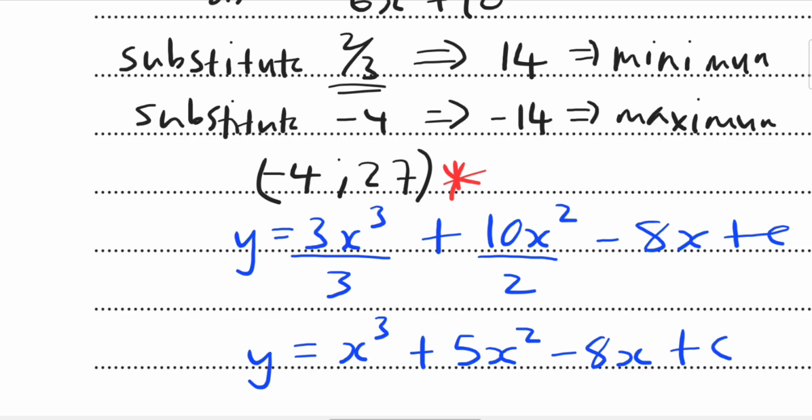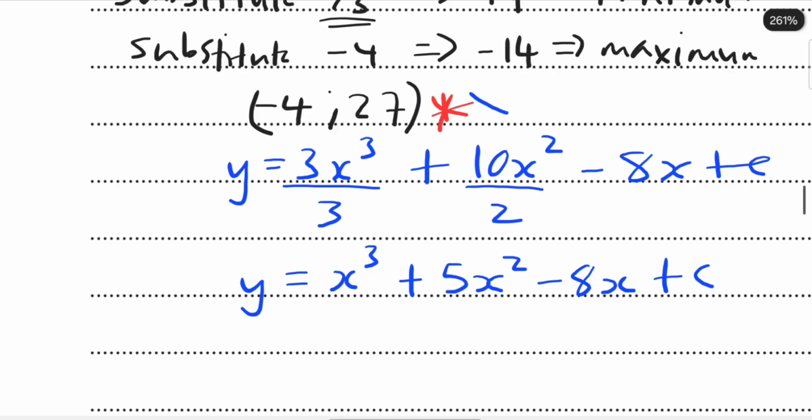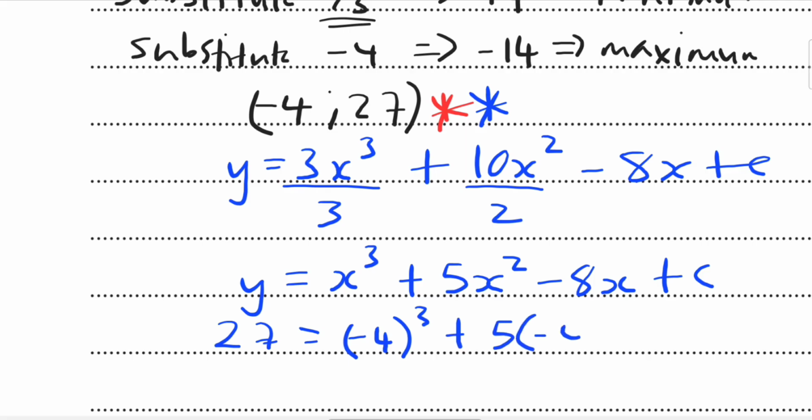And so now for us to find c, we are going to substitute this point, right? And for y, we're going to put 27, then we put our equal sign, then for x, we're going to be putting minus 4. So it'll be minus 4 cubed plus 5 times minus 4 squared minus 8 times minus 4 plus c, right?